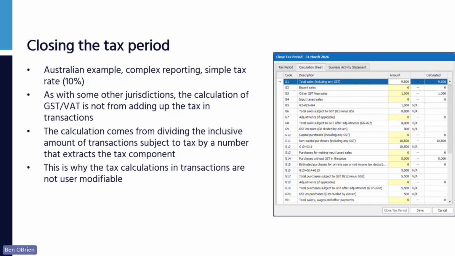that you can't just force the tax amount that Vision automatically calculates in a transaction to be whatever you want it to be. Because what happens when you go to your reporting in the Australian sense, and this is similar in others, is that when it comes to the GST or VAT on sales, it's taking the total of transactions that are subject to GST and saying, we don't care what you've calculated yourself.